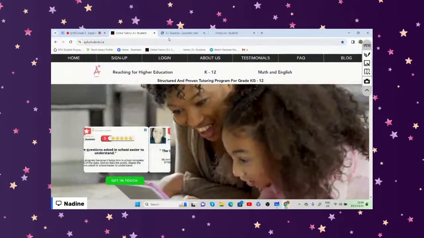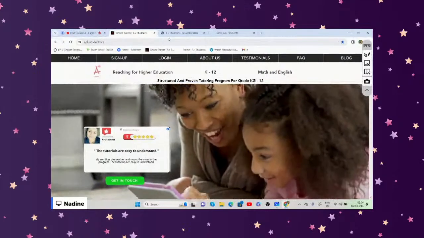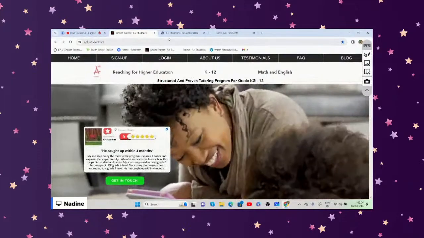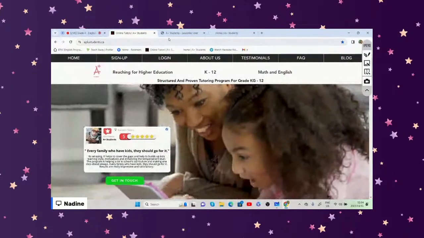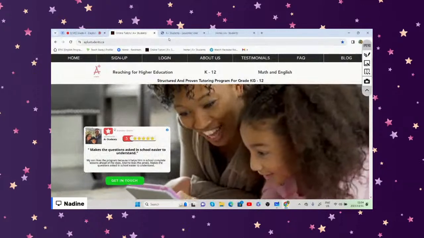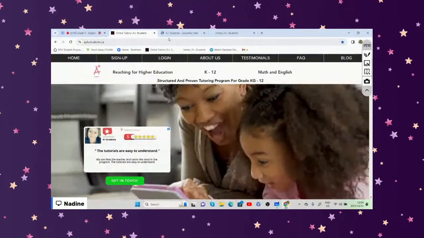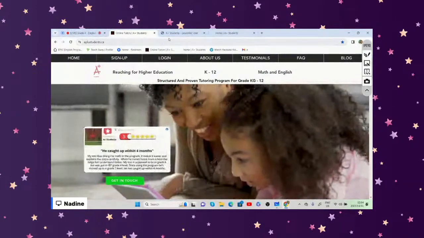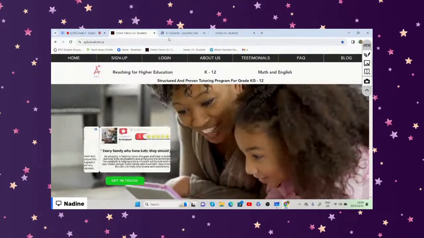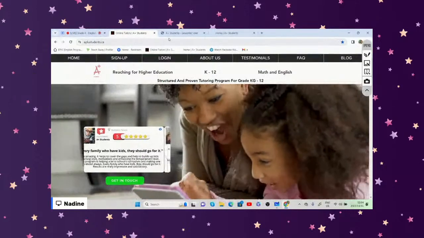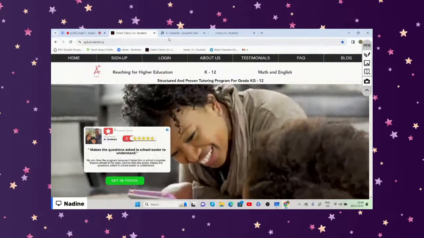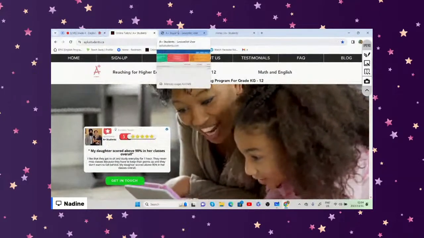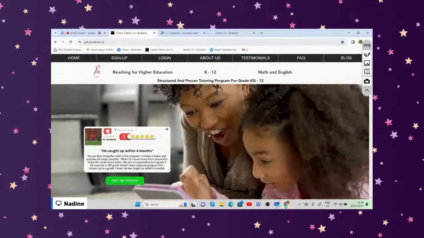Before we start with our lesson on reflexive pronouns, we're going to log into aplusstudents.ca. Once we've logged on with our username as well as our password, we're going to select the subject of language arts, and then grade 4.